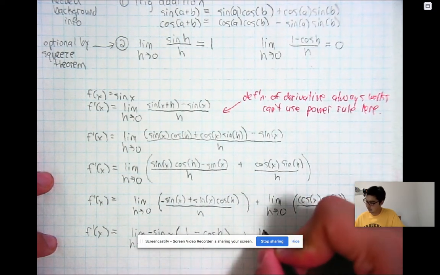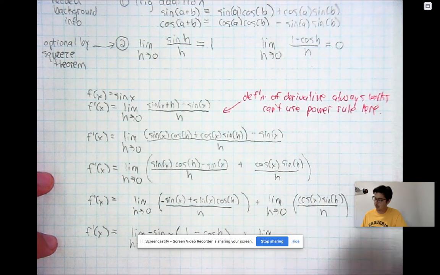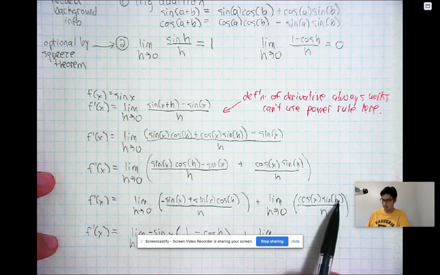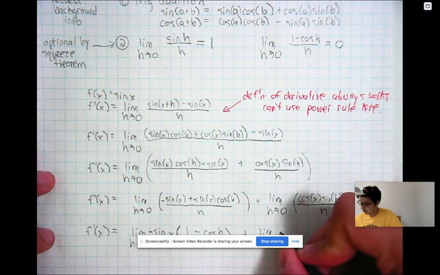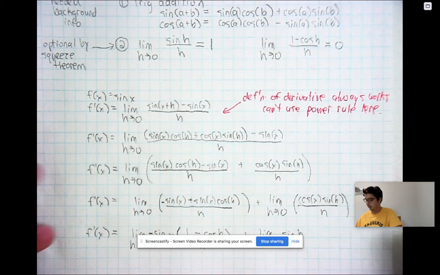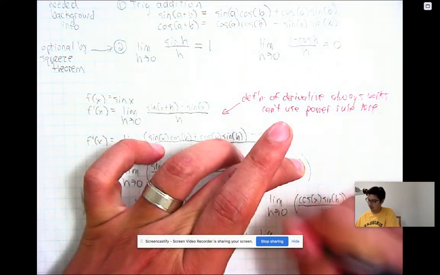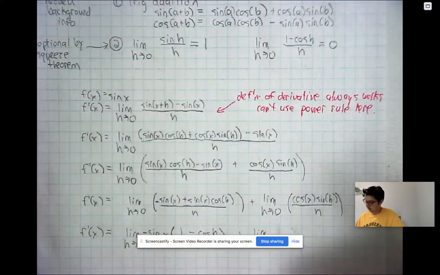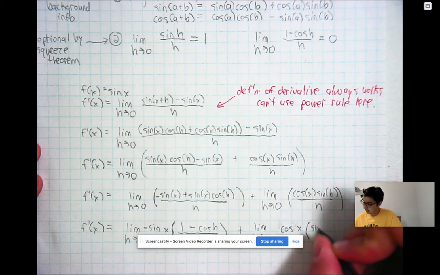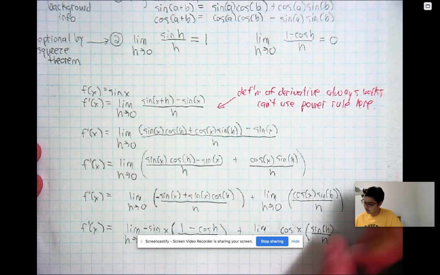Plus the limit as h approaches 0. And on this one, recognize that sine of h is just a number. So I'm going to factor out the cosine of x and be left with cosine of x times sine of h over h.